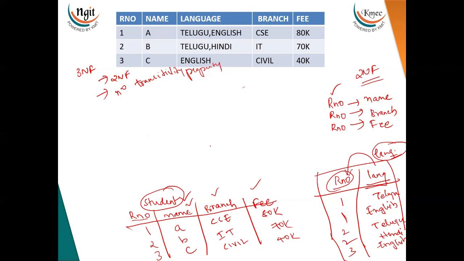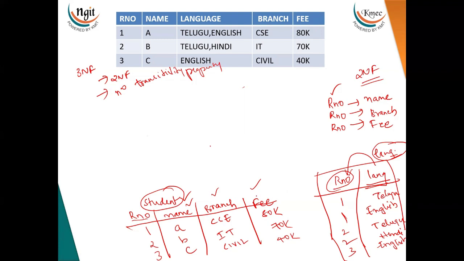Similarly, if name is known, can we know the fees? No, you cannot know the fees as well, right? The same concept applies here: with the same name there may be multiple persons, and multiple persons may belong to different branches. So thereby the value for the fee is also not known. Now, if the branch is known, can we identify the value for the fees?